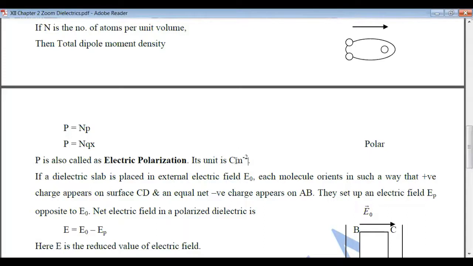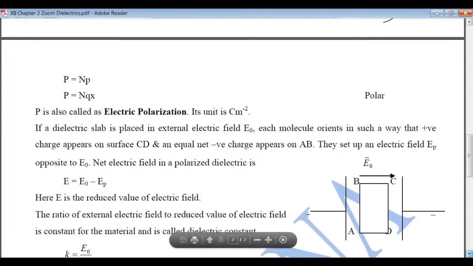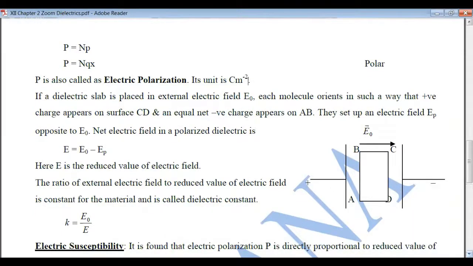Now this was only about one molecule which is kept in the uniform electric field. It gets polarized. Now if a dielectric slab is placed in uniform electric field, we have already studied when a conducting slab is placed in uniform electric field, the net electric field in the interior of the conductor is zero and the net charge inside the conductor is zero.